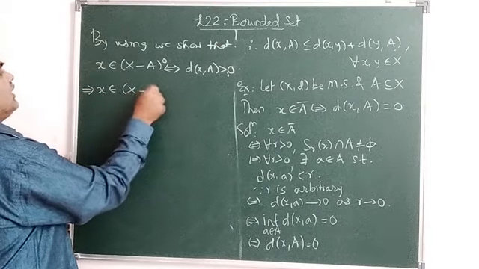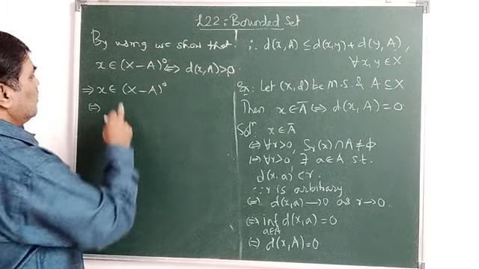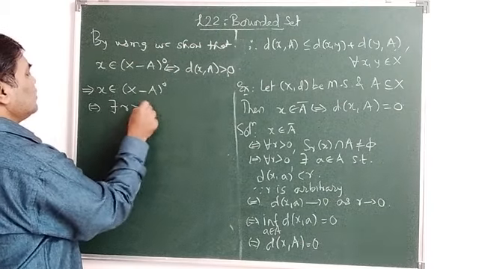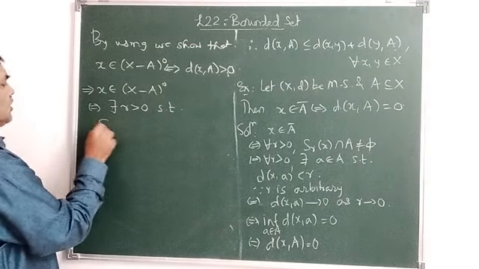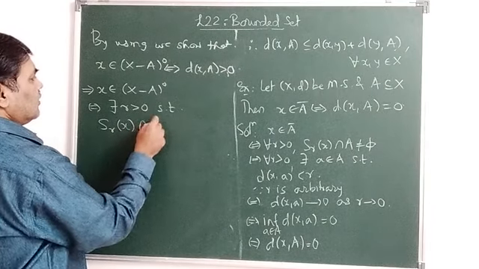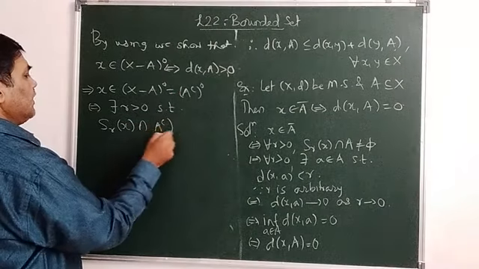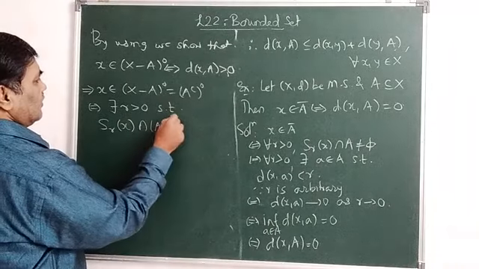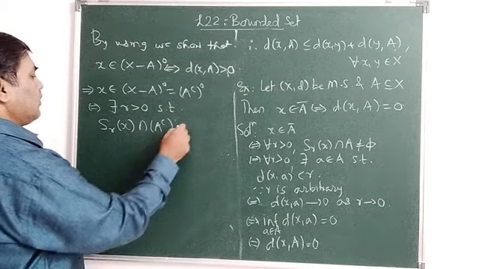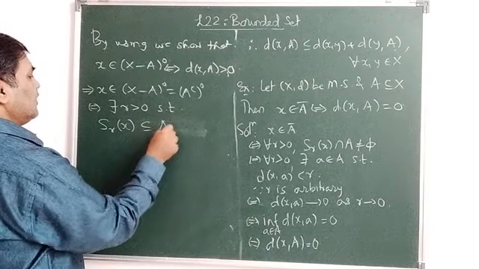So x belongs to the interior of X minus A if and only if there exists r greater than 0 such that the open sphere about x is contained in A complement, the interior of A complement.